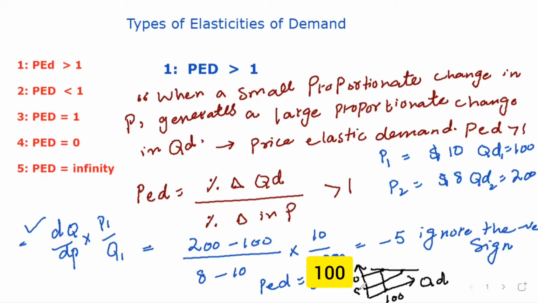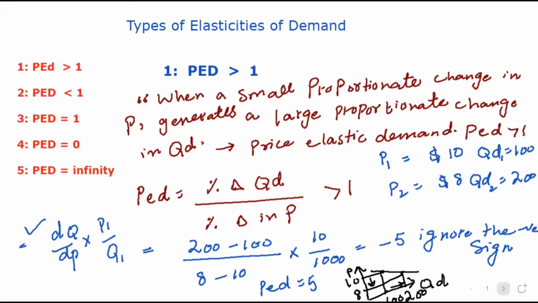If price decreases from 10 to 8, you can see quantity demand is increased from 100 to 200. So this is a big change in quantity demand as compared to price. So that's why it is price elasticity of demand greater than 1, or elastic demand. I hope you understand. Let's move on to the other type.